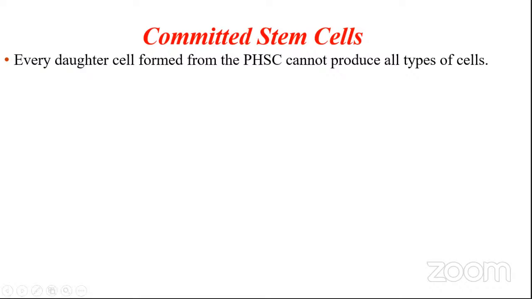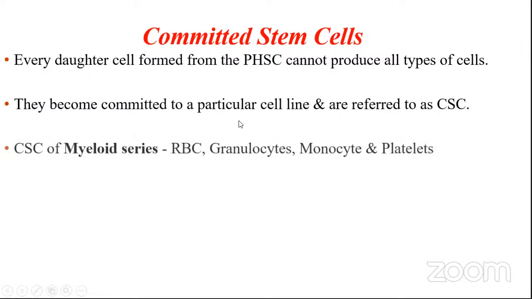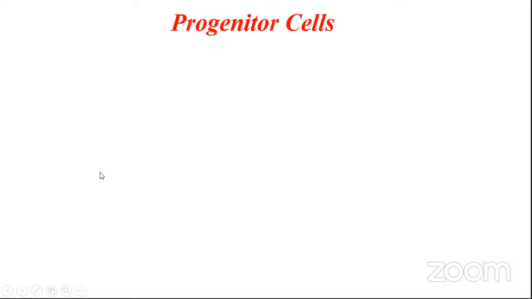Remember, they become committed only to a particular cell line, like the myeloid series, which can produce only RBCs, granulocytes, monocytes and platelets, or the lymphoid series, which produces mainly the B lymphocytes and the T lymphocytes.